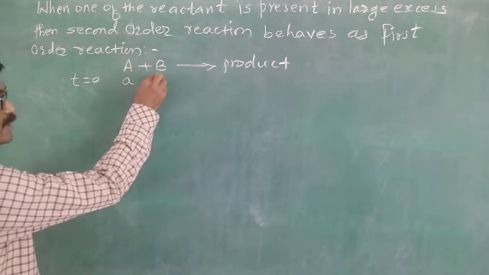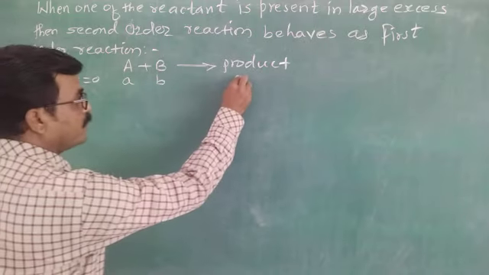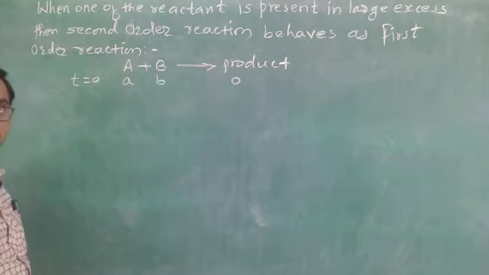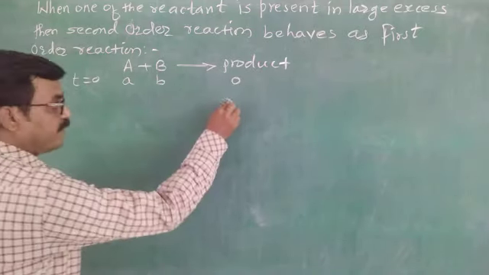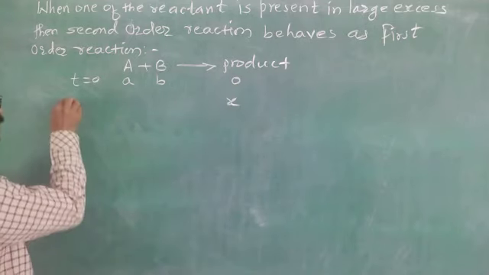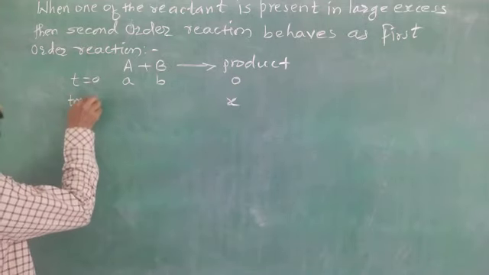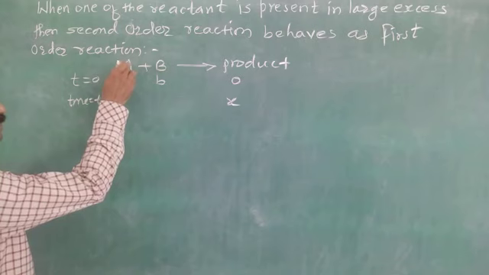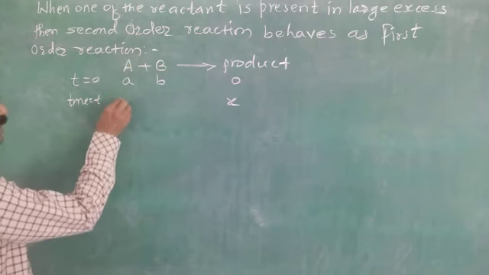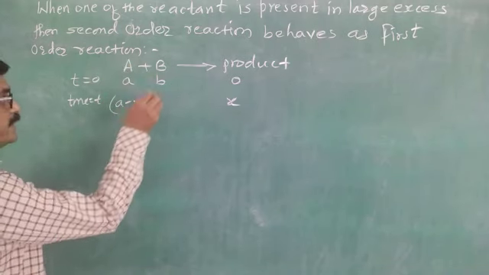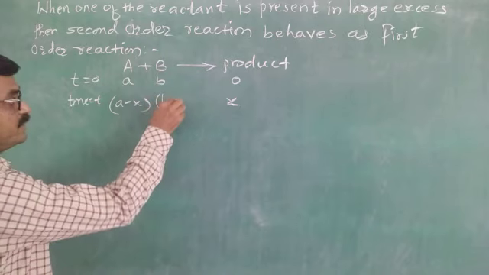concentration of capital B will be small b, and the amount of product will be 0 initially. After time t, if x is the amount of product formed, then at time t the concentration of A becomes a minus x and that of B becomes b minus x.